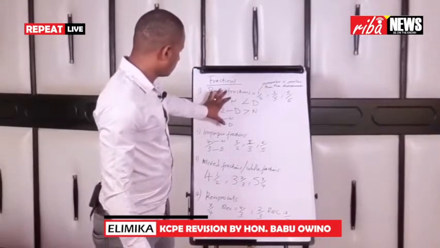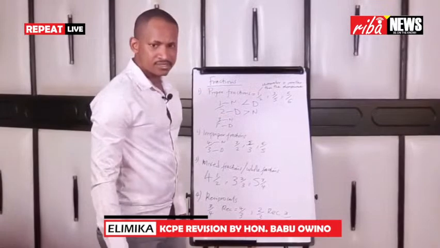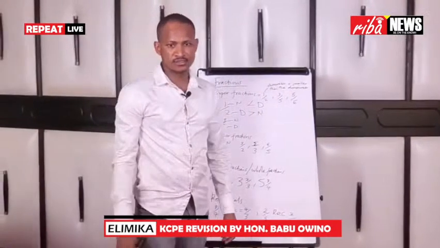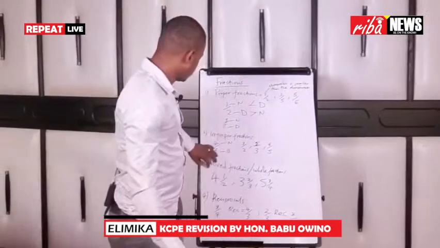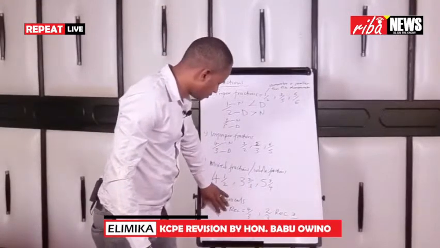If you are given different numbers, different signs, then we need to apply what we call BODMAS.